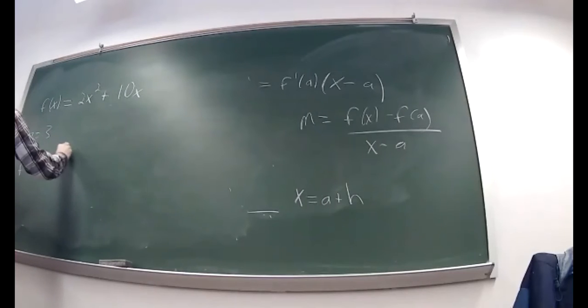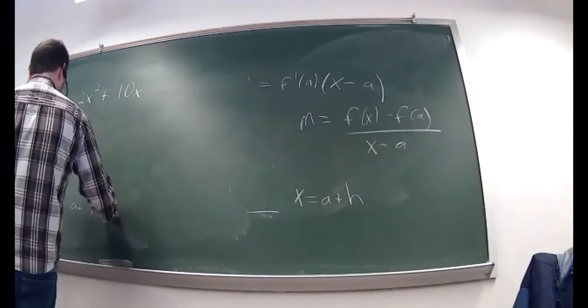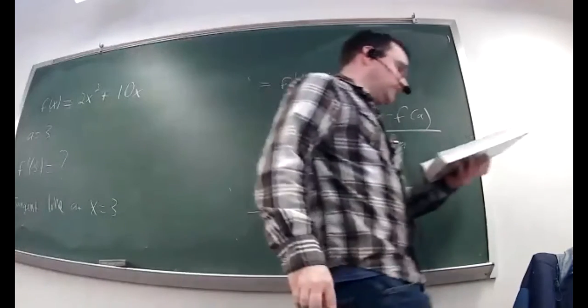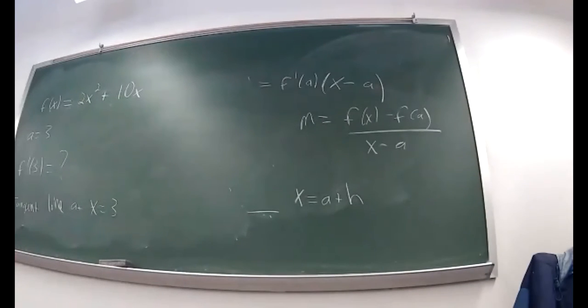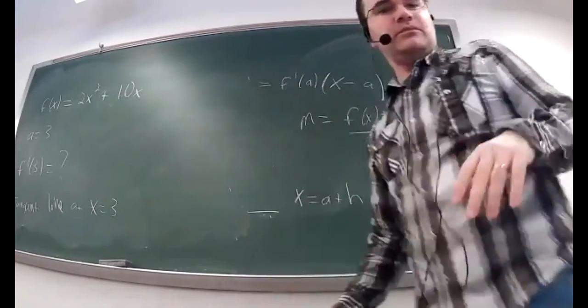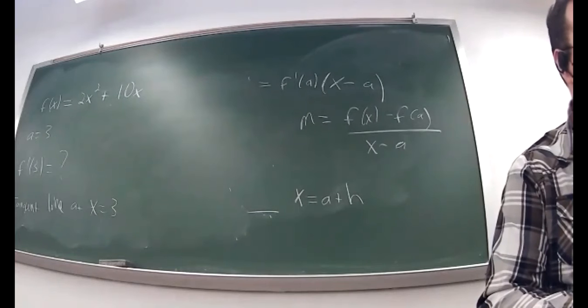Compute f prime of a, and also find the formula for the tangent line at x equals a. Since a is equal to 3, I may as well just say compute f prime of 3 and find a formula for the tangent line at x equals 3. So take 5 minutes. Please do that problem, and then we'll discuss.